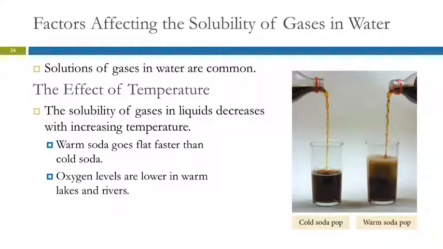The wastewater may be very clean, not have any chemicals in it, but the fact that it's warm when it gets dumped into the river raises the temperature of the river in that area, which causes the oxygen levels to go down, it can cause fish and other things to die. It's also why if you have like tropical fish or non-tropical fish, you want the temperature to be right, because the temperature affects their oxygen levels. So it's pretty important.